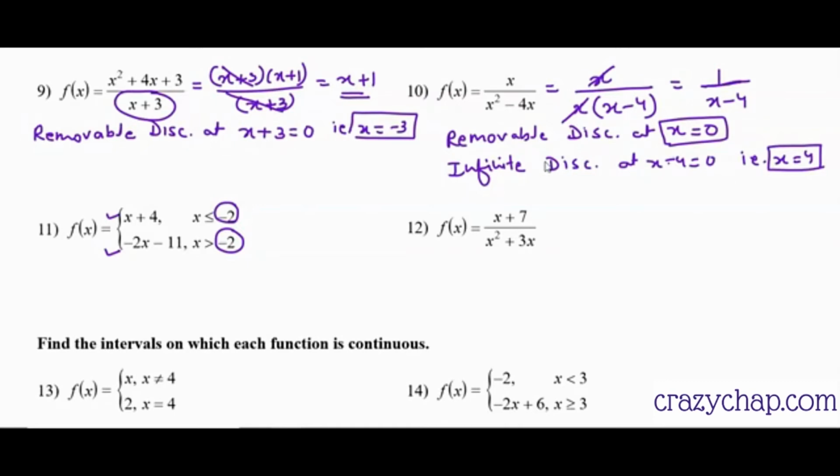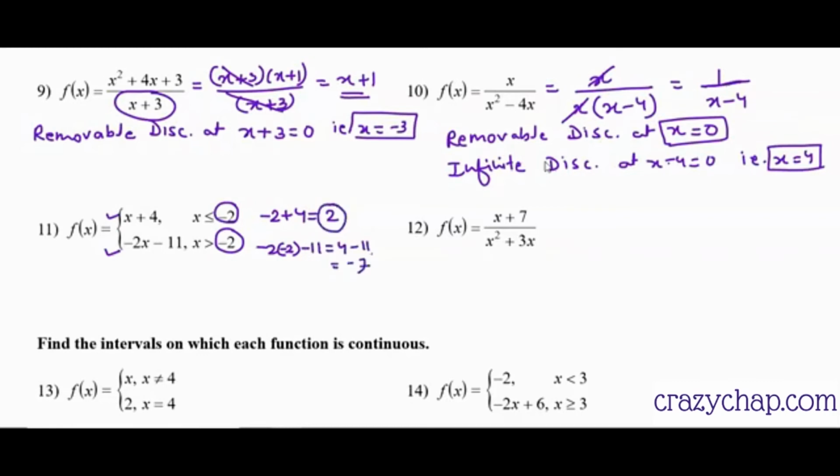When I put -2 in the first function, what do I get? -2 plus 4, we get 2. And when I put it in the second function, what do I get? -2 times -2 minus 11 equals 4 minus 11, which gives -7.